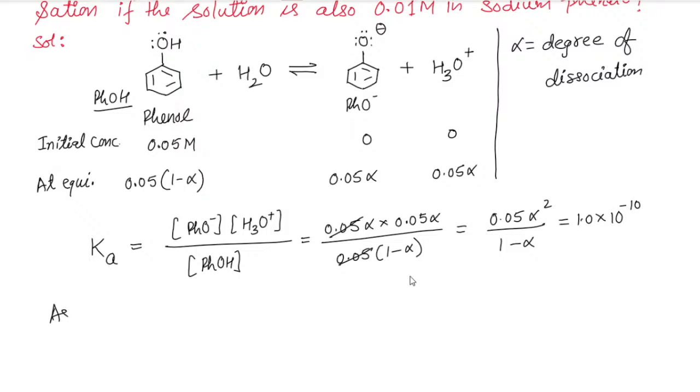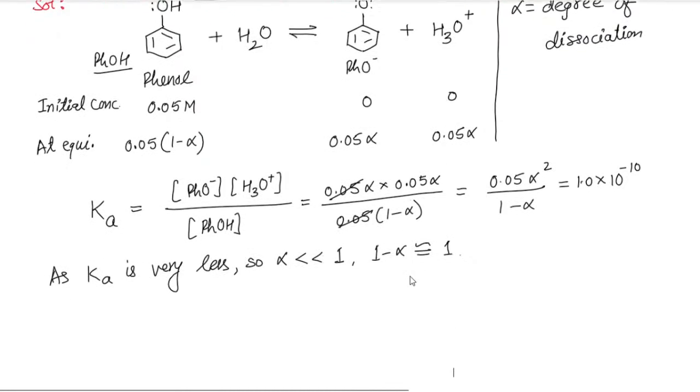As Ka is very less, alpha is very less than 1. So 1 minus alpha is very close to 1.